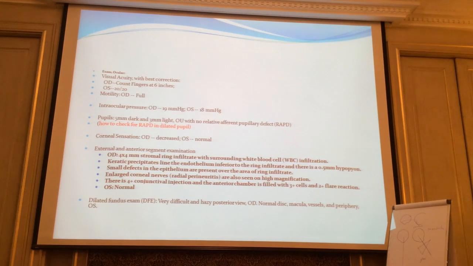And if you are a very careful examiner, maybe you would want to look for enlarged corneal nerves. And sometimes they are visible, actually. So if you mention it, the examiner will say, we know what you're talking about, okay? So it's something you want to have in mind.